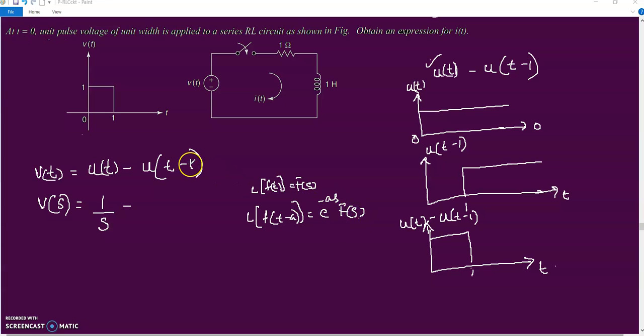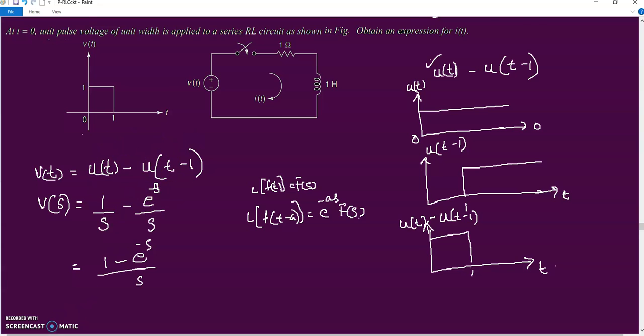Here we have a as 1. So we can write e raised to minus s by s. Here we have (1 minus e raised to minus s) by s as the Laplace transform of this function.